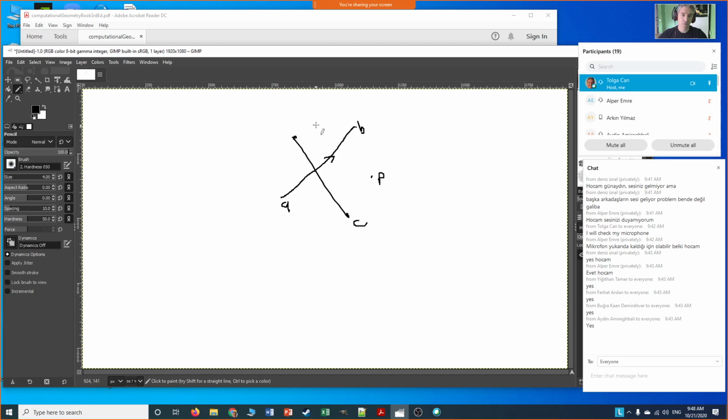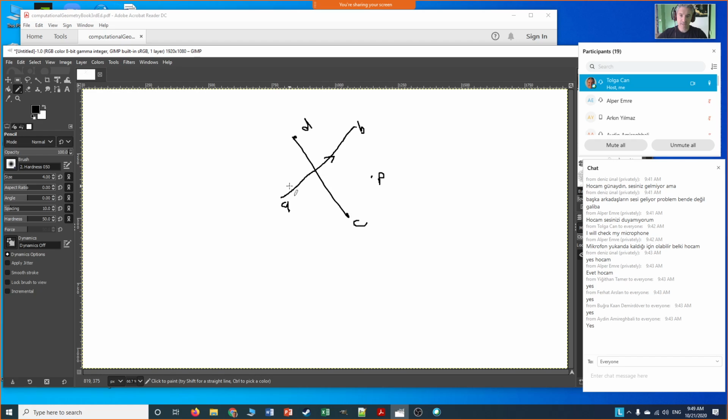If two line segments AB and CD intersect, D and C are on two different sides with respect to the line from A to B, and in addition to that, A and B are on two different sides with respect to the line from C to D or D to C. It doesn't matter, you can have A to B or B to A. As long as these two are on two different sides from the perspective of both of the lines, then the line segments should be intersecting.